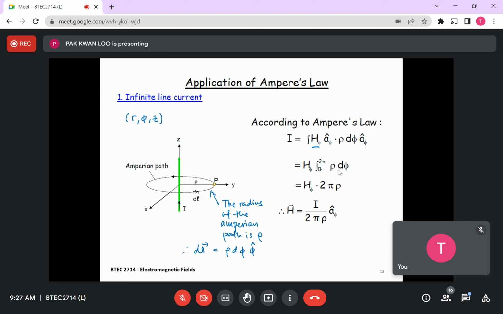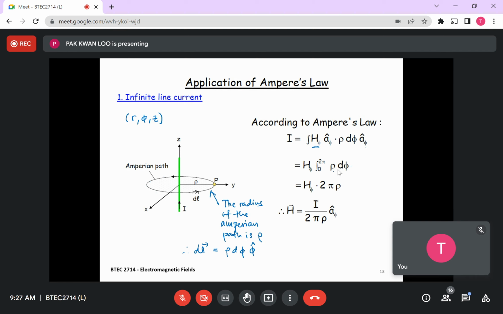And if I integrate along the path, one full revolution to make a closed path, which is 0 to 2 pi, the result we get is 2 pi rho, as rho is constant.